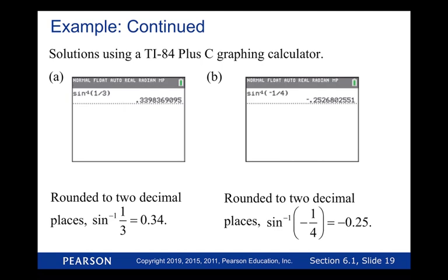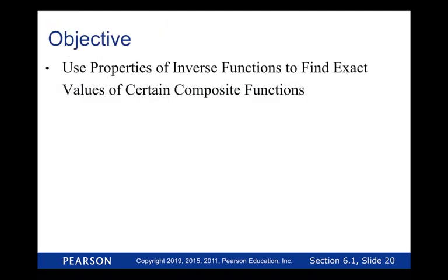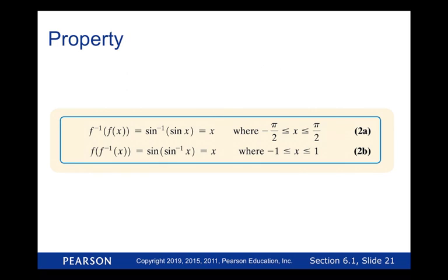Use the property of inverse functions to find exact values of certain composite functions. Now, with this one, the main thing to focus on here is that the inside function determines our domain. For instance, if we look at the first line, sine is our inside function. What was our restriction on the domain of sine?